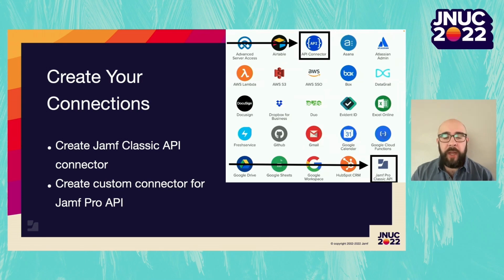The Classic API, again, has a pre-built connector, but at the moment, if you want to use anything in the Pro API, those are available because, again, Okta Workflows will work with any API. It's just in this case, we'll have to make a custom API connector in order to use the Jamf Pro endpoints.